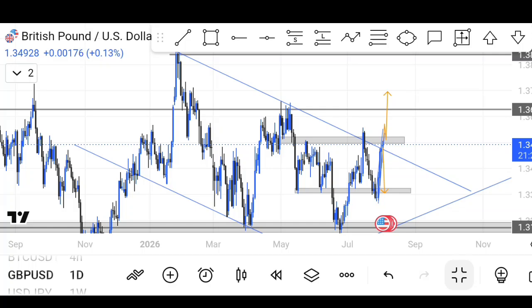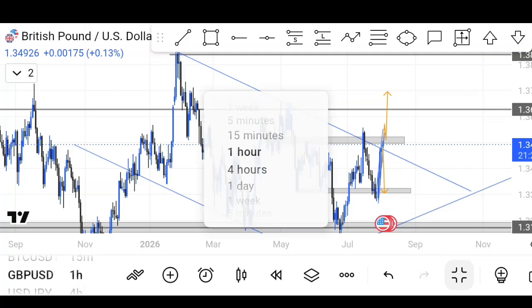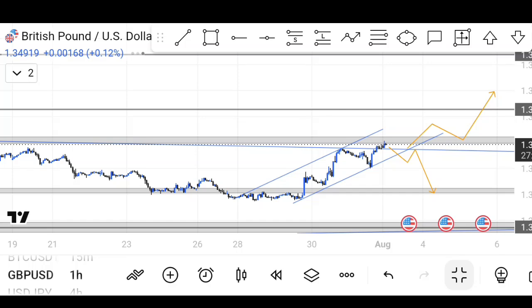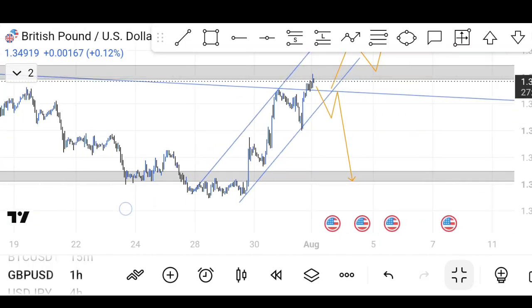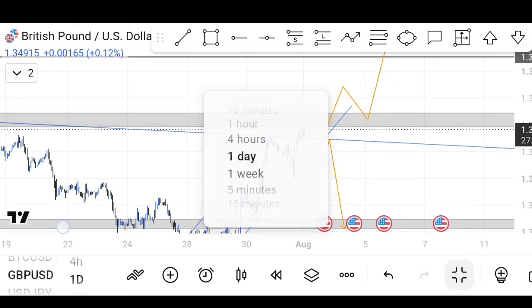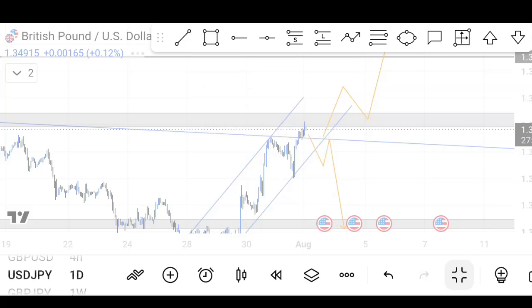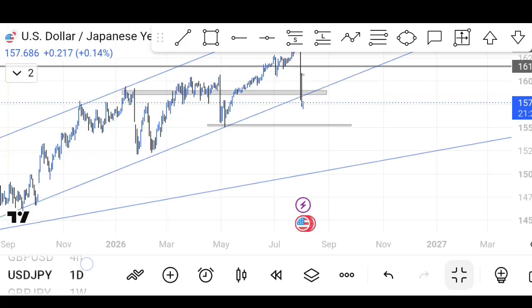It has broken out, but it has not confirmed yet; it might be a fake out. Who knows, right? So we're just going to keep calm and observe the market to see if it's going to be completely bullish or bearish. These are the only reasons I'm going to be taking a sell trade or a buy trade on GBPUSD. So I'm just going to move quickly to USDJPY.